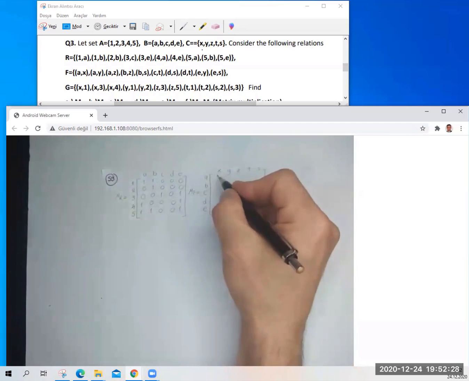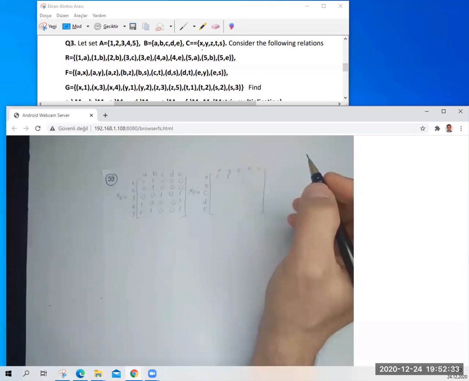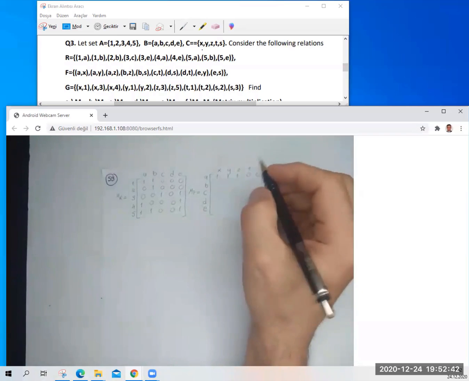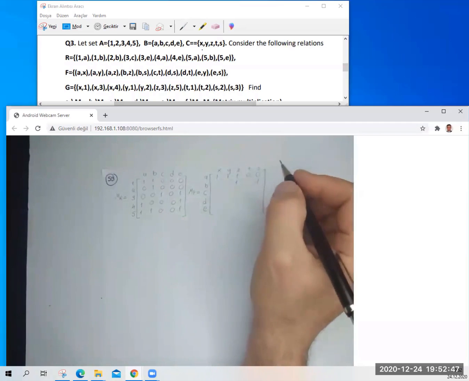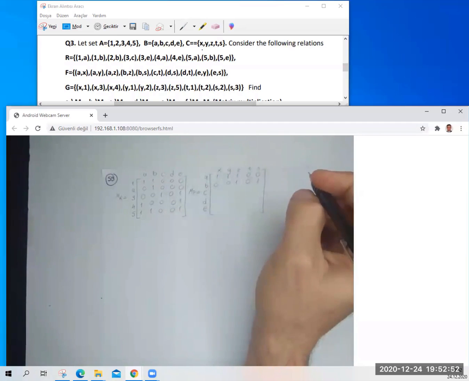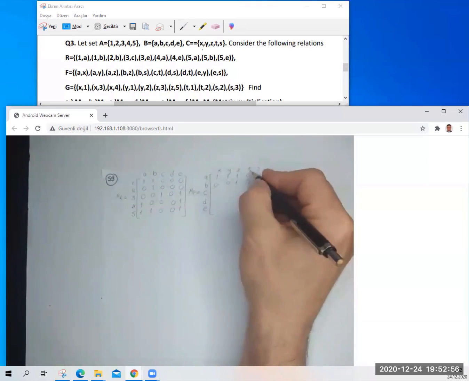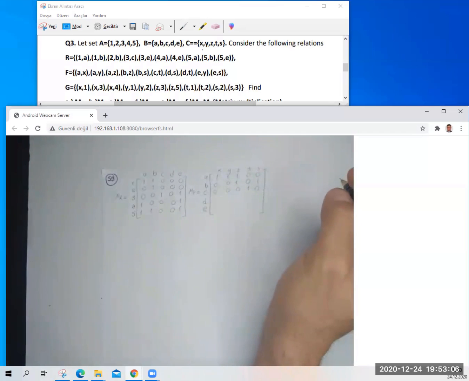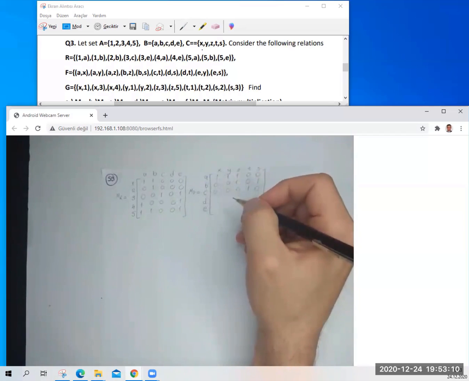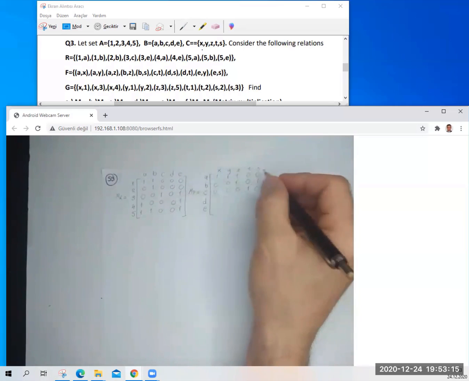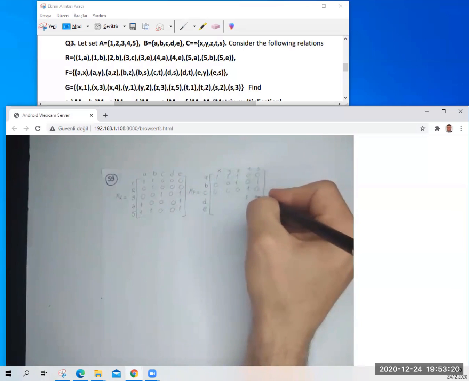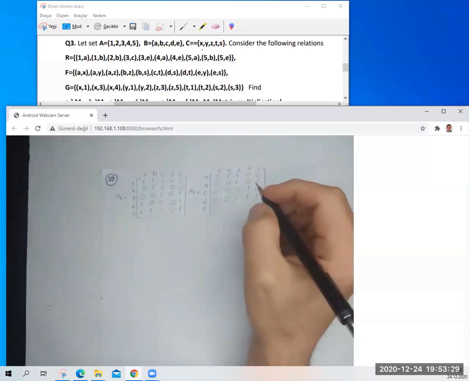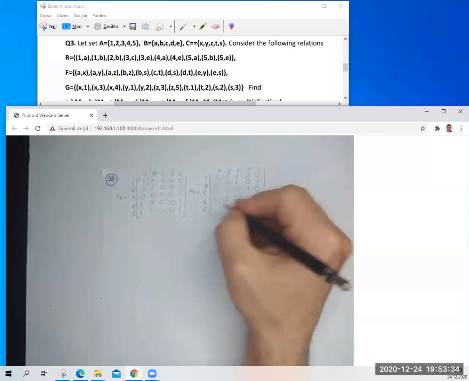So from A to X, 1, A to Y, 1, A to Z, 1, and there is nothing else starting with A. And B to Z and B to S, 0. The rest of that row is 0. C to T, only 1, there is only C to T, and the rest 0, 0, 0, and 0. And from D to S and D to T, 1 and 1, we have only two for D. And E to Y and E to S, 0, 0, 0.